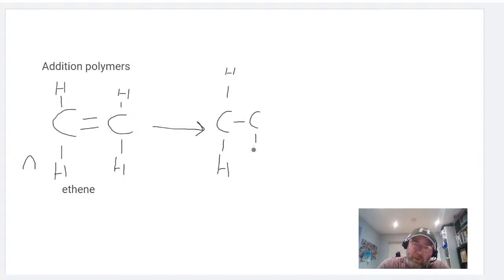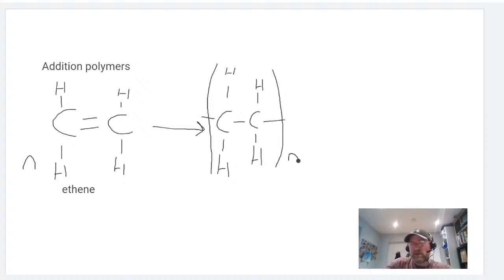If you're asked to draw the polymer and they give you the monomer, copy it out exactly. Your 1 mark is for leaving the ends open, putting a bracket through them like that. Now you can put an n there to say this goes on forever. They might ask you to draw 2 units, in which case you've got to draw 2 repeating units.